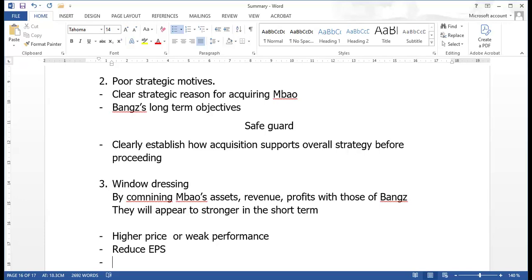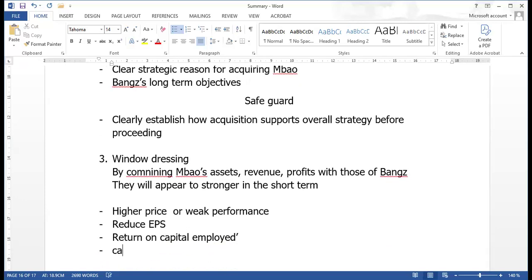You will not perform well on return on capital employed.